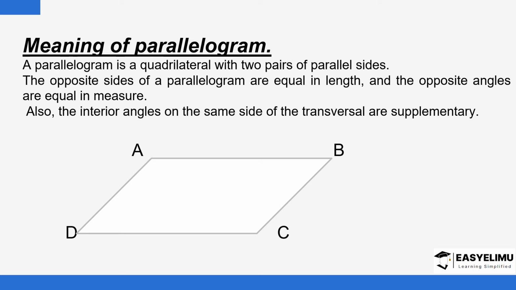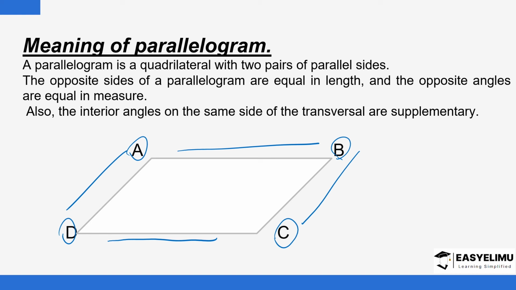We have the opposite sides of a parallelogram being equal in length. You can see the length AD and the length BC. This length and this other length are supposed to be of the same measure. Again, we have this side here and the other side. These are also supposed to be the same in magnitude.